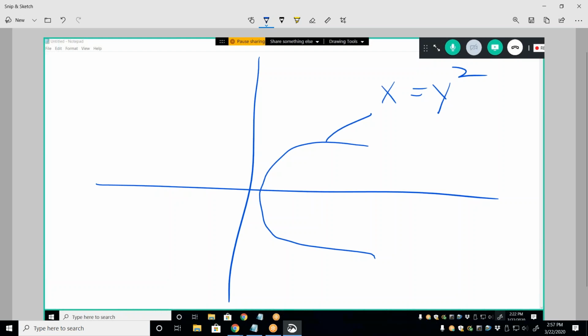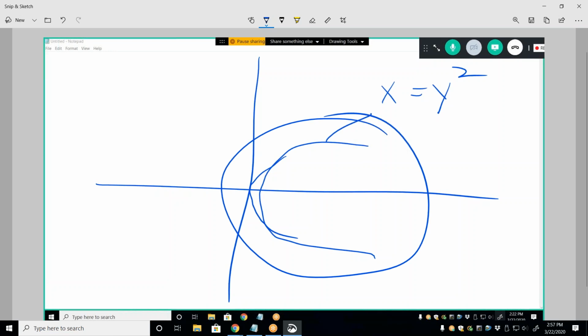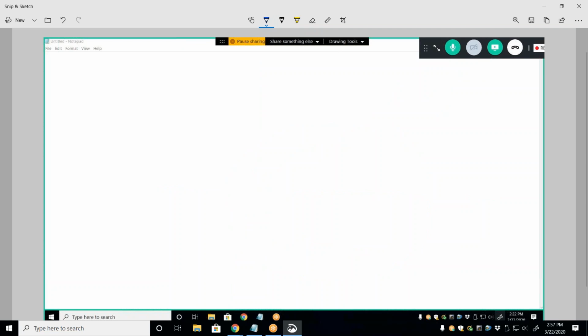But that is not a function. That should go all the way over to that, and yet that is symmetrical with the x-axis. I'm trying to think of functions that might be symmetrical with the x-axis. No, I can't. Okay, no, keep going. Sorry.